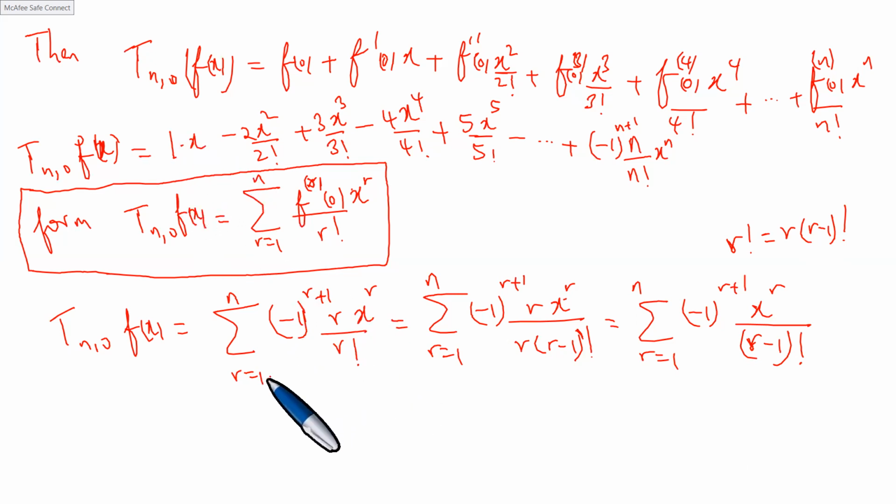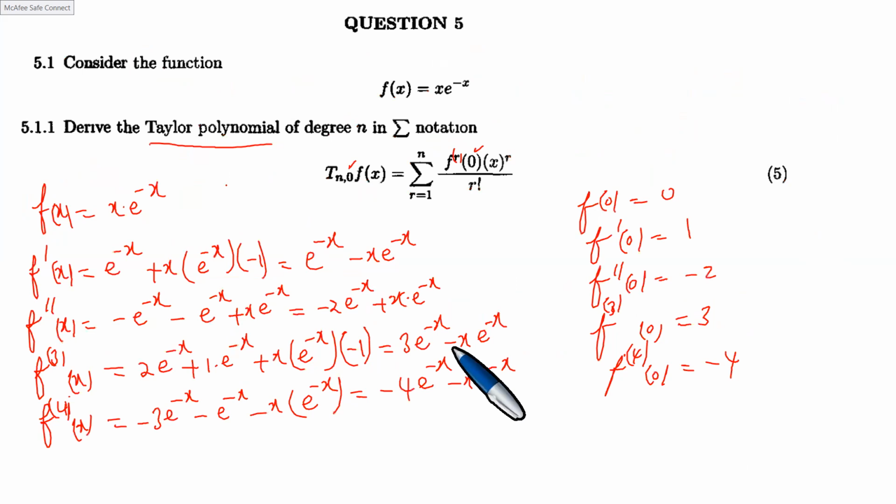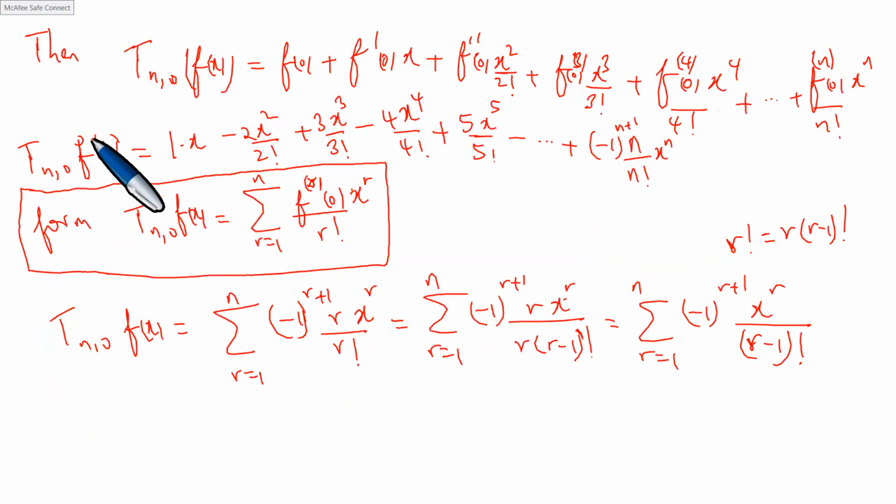When r is 2, then it's 2 factorial, 2 here, and then 2 plus 1 is negative, minus 1 cubed, and then x to the second power. So this looks correct. Derive the Taylor polynomial of degree n in sigma notation, and we just did.